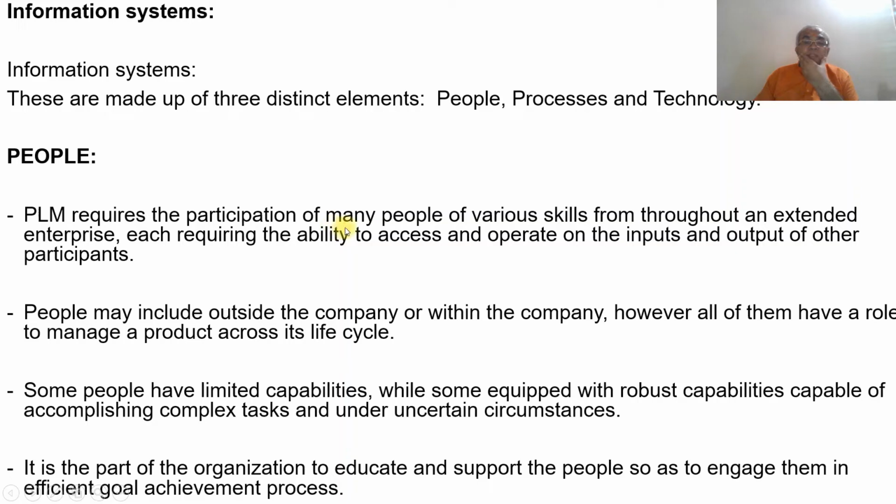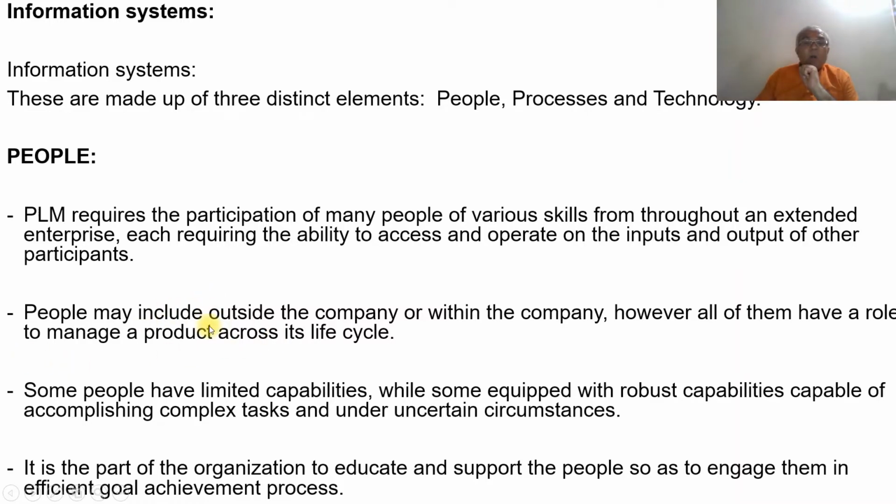PLM requires the participation of many people of various skills from throughout an extended enterprise, each requiring the ability to access and operate on the inputs and outputs of other participants. That means we need to analyze the individual capability and capacity.